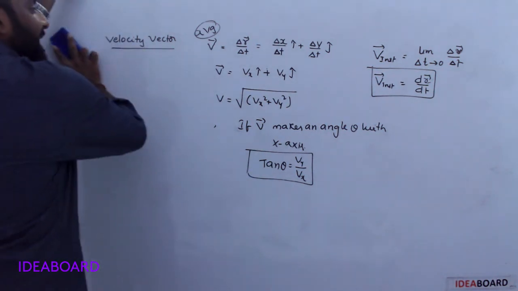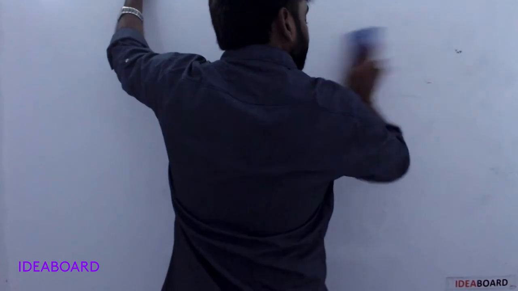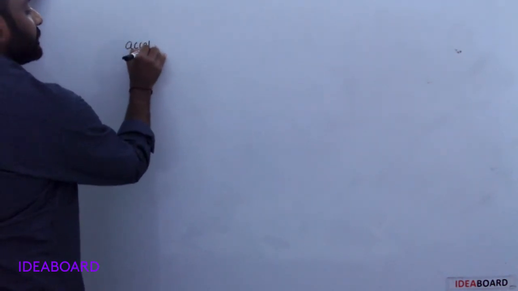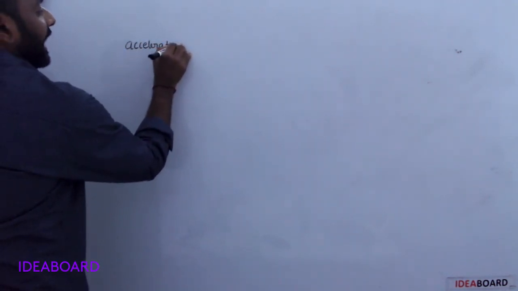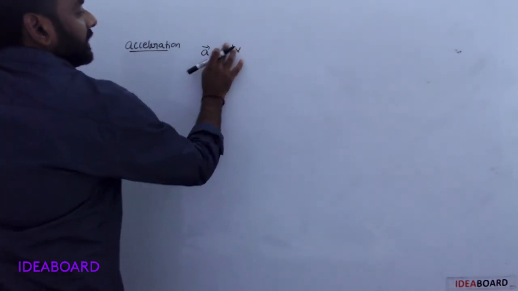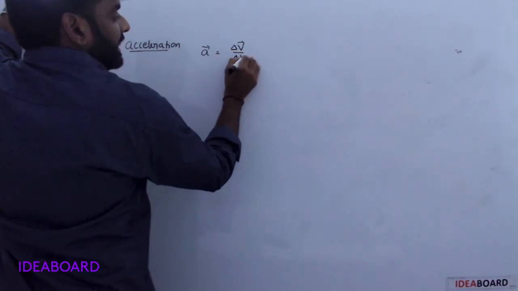Next one, acceleration. Acceleration, a bar is written as average delta v bar by delta t.